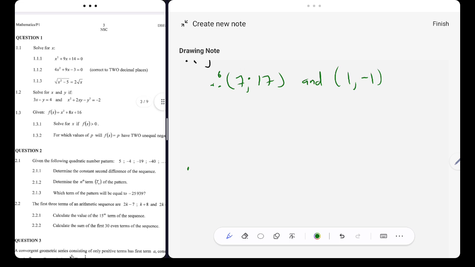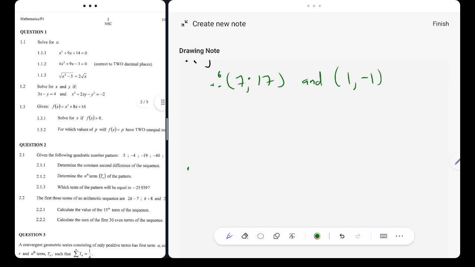Okay, 1.3.1. I'm given f of x to be equal to x squared plus 8x plus 16.